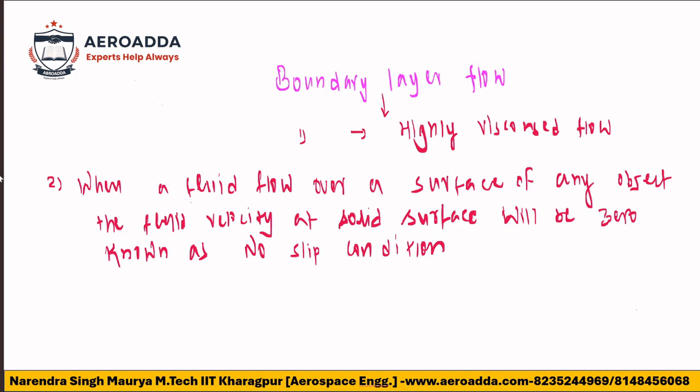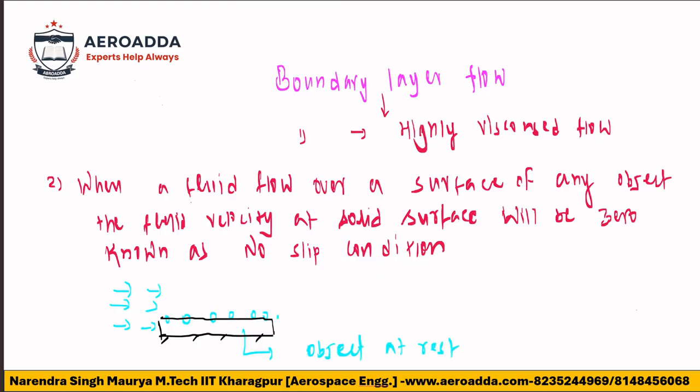So it's very clear. Suppose this is an object, and this object is stationary, and fluid is flowing over the surface of this object. Because the object is at rest, whatever fluid particle is on the surface will stick due to its adhesive nature.